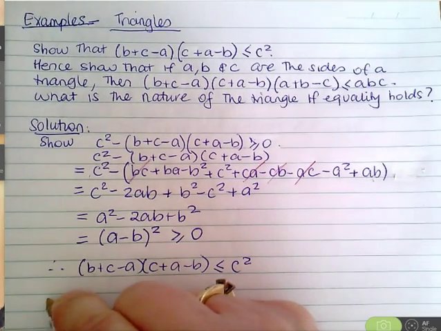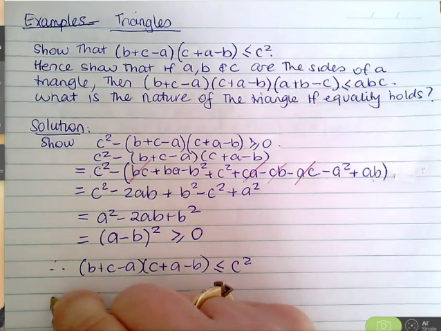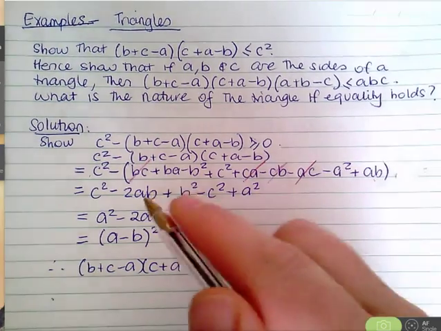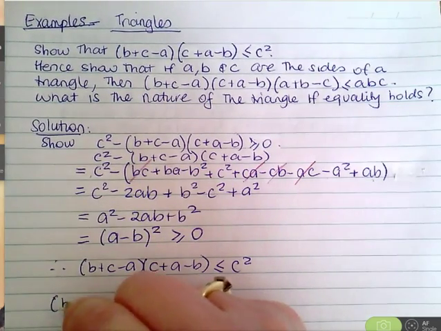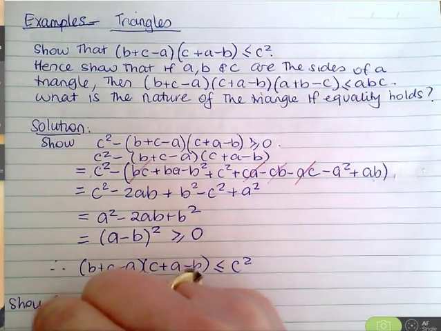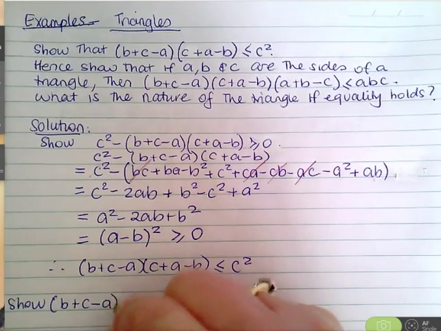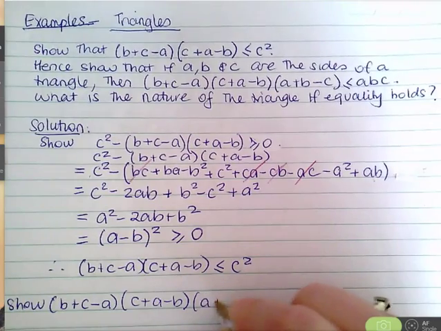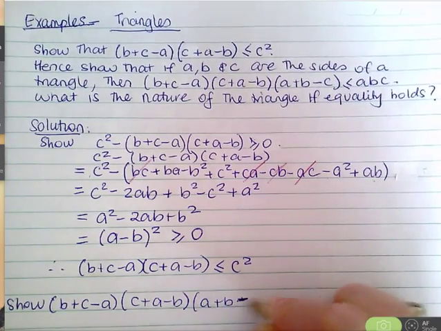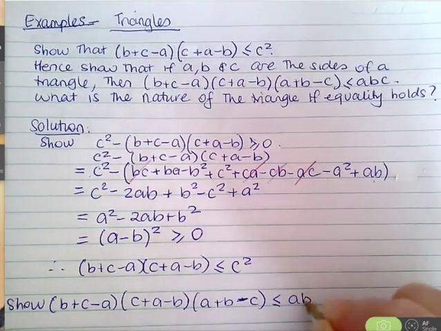Now in the second part of the question, you have to show that if a, b and c are the sides of a triangle, then basically (b + c - a)(c + a - b)(a + b - c) is less than or equal to abc.